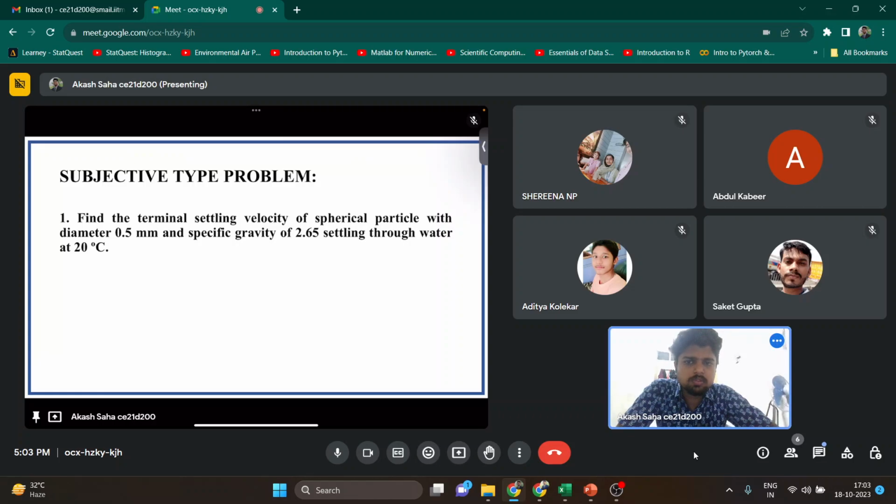It's a simple problem, but sometimes it may get iterative, like you have to repeat the steps again and again to confirm your assumption as well as to find out the settling velocity as per the conditions.